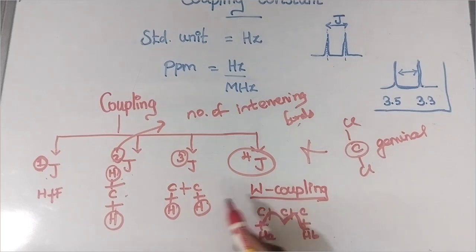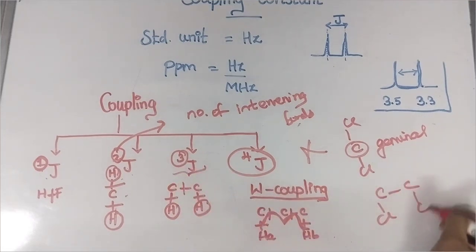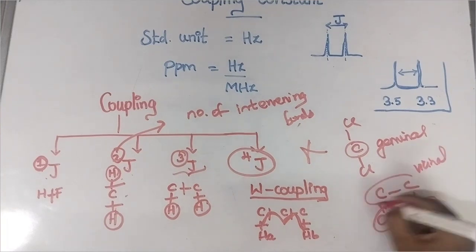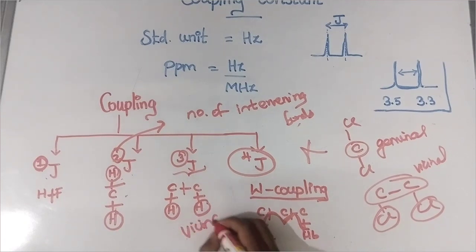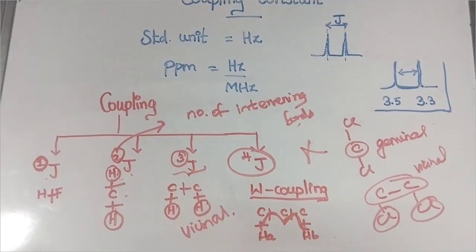Similarly, if two groups are present in adjacent positions, it is known as vicinal. These are vicinal carbons, hence J3 coupling can be known as vicinal coupling. So J2 is geminal coupling and J3 is vicinal coupling.